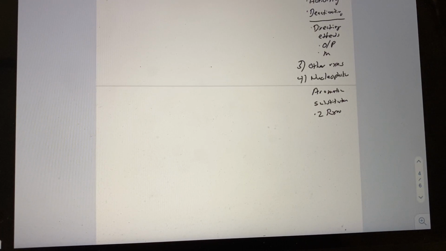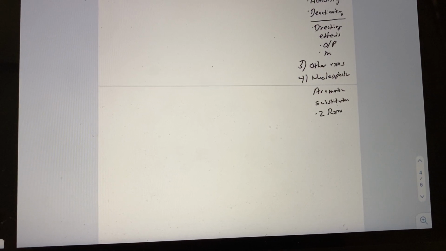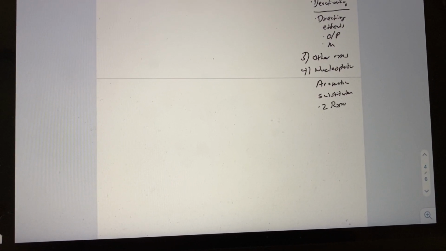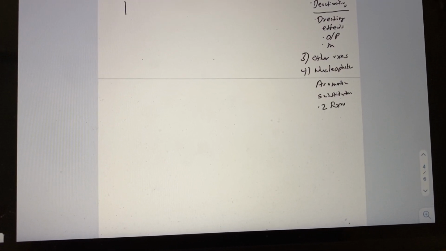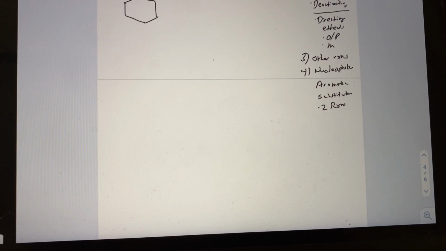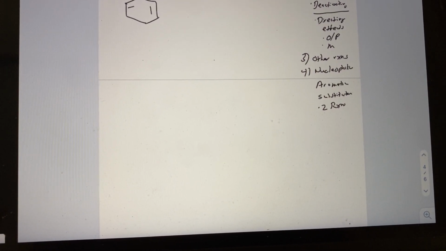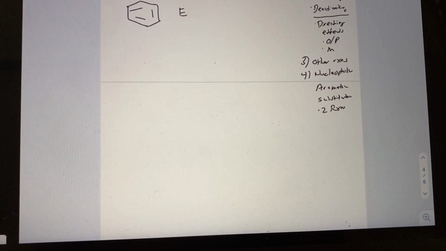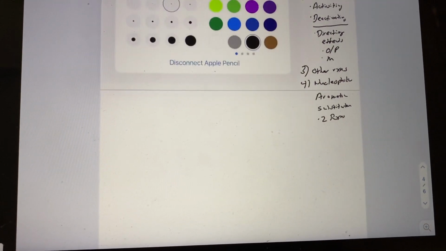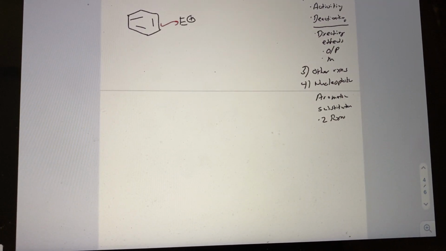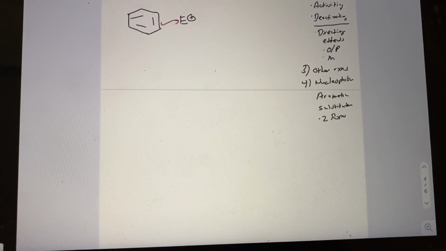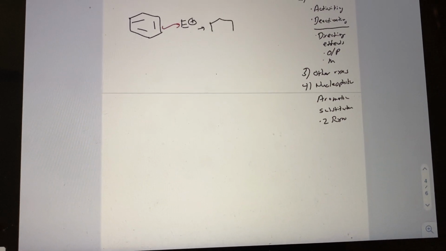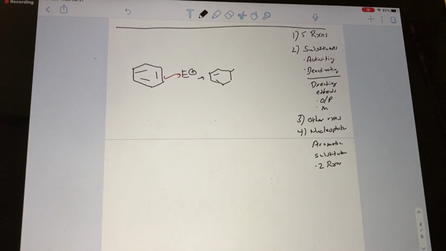I put it on the right, but I probably didn't leave enough space on the left for directing effects, so I guess we'll just leave it like that, and we'll write down below here. So we saw last time, so we'll fill it in with this. Okay, so we have this reaction where we can take our benzene ring, and we'll use benzene over and over for this. We have our strong electrophile of E+, just like in that generic reaction we used last time. Remember, in the same reaction, we pay this large energetic cost to form the bond with the electrophile.